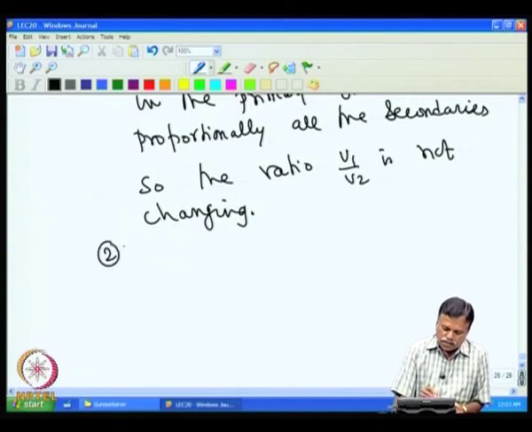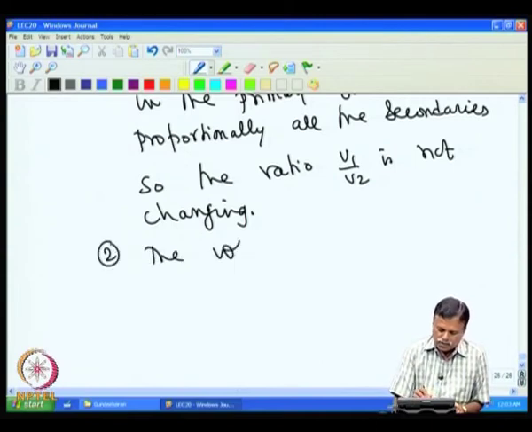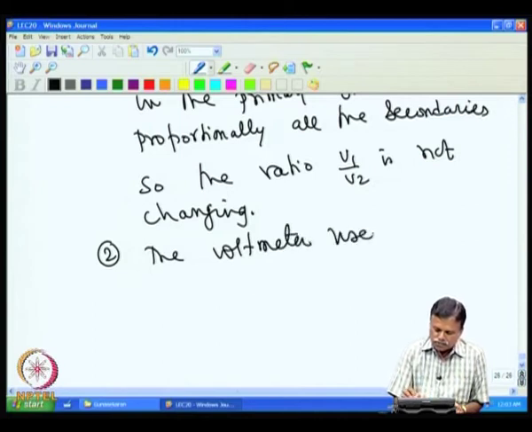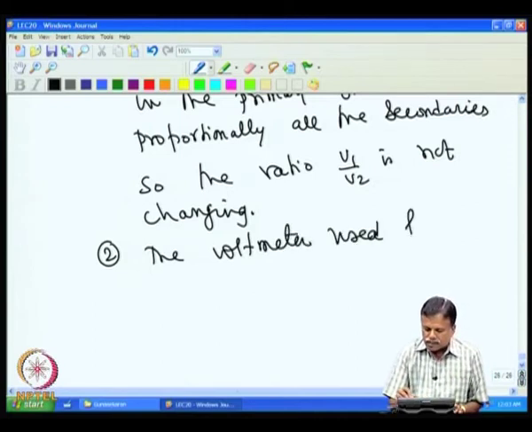The second one is the voltmeter used for balancing.